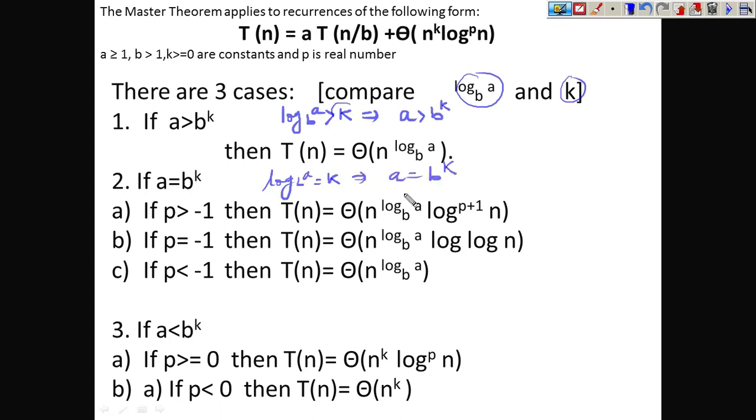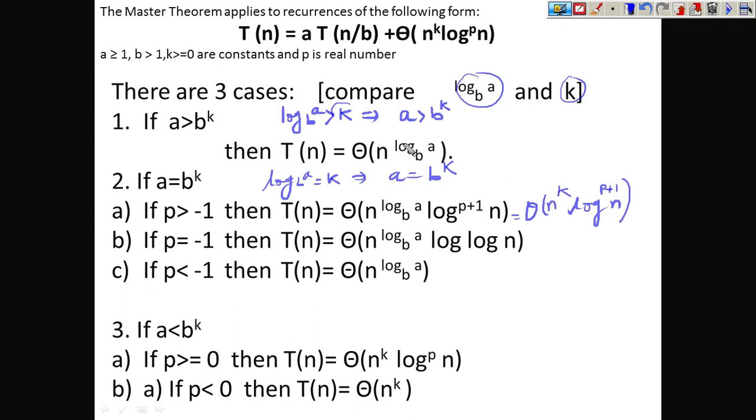So here you can either write the answer in terms of log a base b, meaning n raised to the power log a base b, or you can also write n power k, meaning I can also write this as theta n power k log n to the power p plus 1.